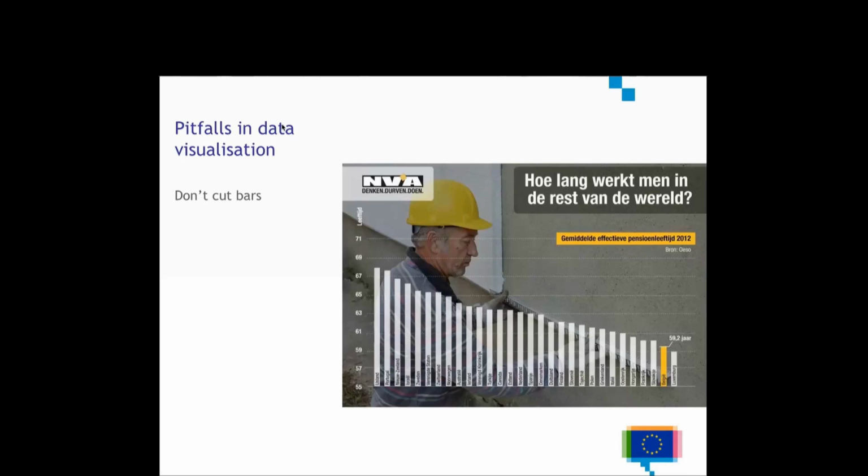Another strategy to overcome this problem is by using another visualization type. You could use dots instead of bars, for example, and then you will suffer a little bit less from the problem that people will start comparing lengths, because with dots, not starting the y-axis at 0 is a little bit less problematic.